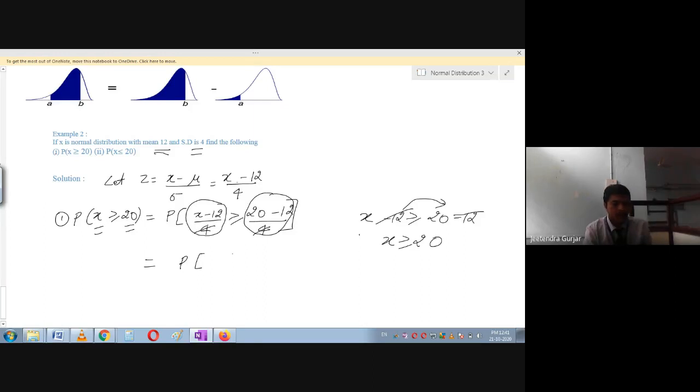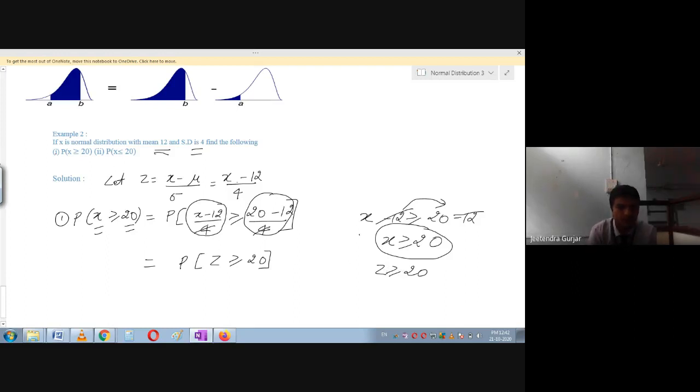Now, what area do you want to calculate, student? This is going to be converted into z, our variate. Z is less than or equal to, we are going to get this as 20. So this is converted into the z variate, where z is less than or equal to now 20, students.